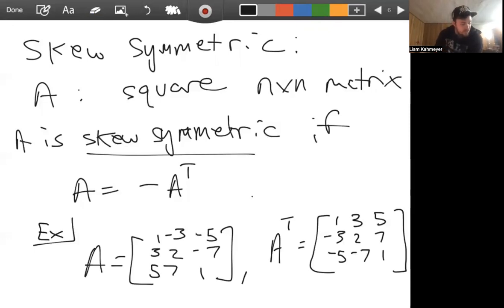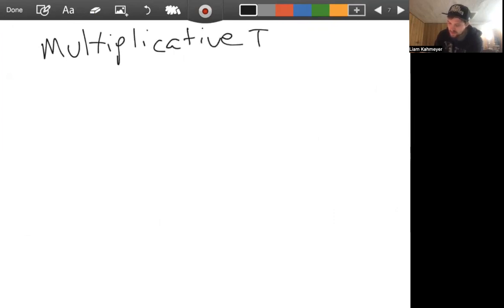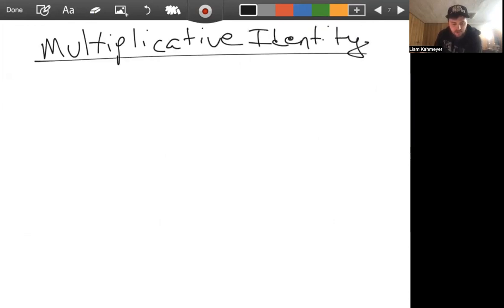Okay, I now want to talk about the multiplicative identity. We'll simply refer to them as the identity matrix, and these are for square matrices.